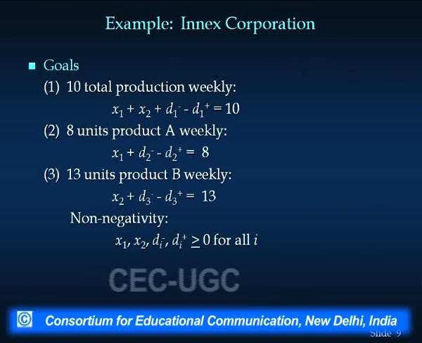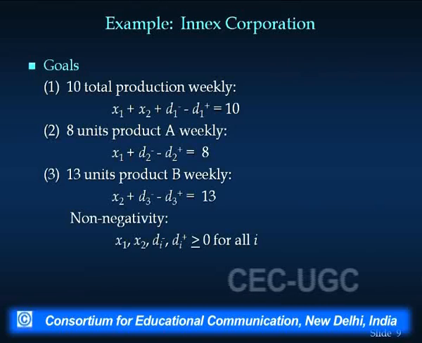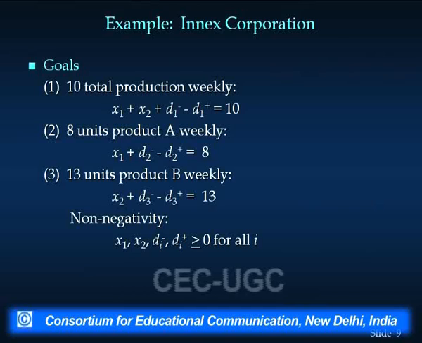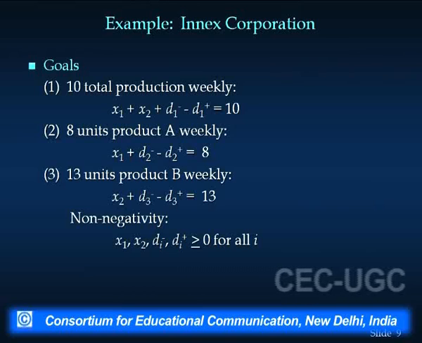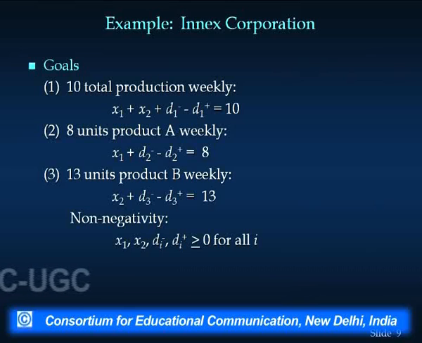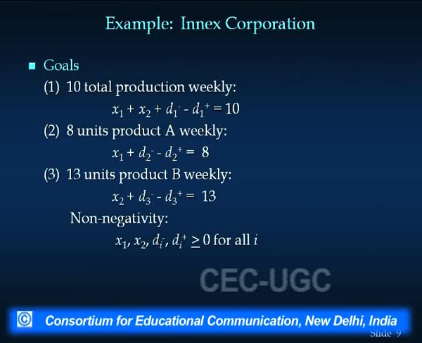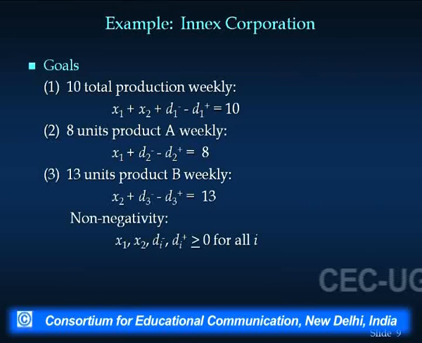Underproduction is given by D minus: first equation D1 minus, second equation D2 minus, and third equation D3 minus. Our objective function must be that these three deviations should be minimum. So we will minimize D1 minus, D2 minus and D3 minus.